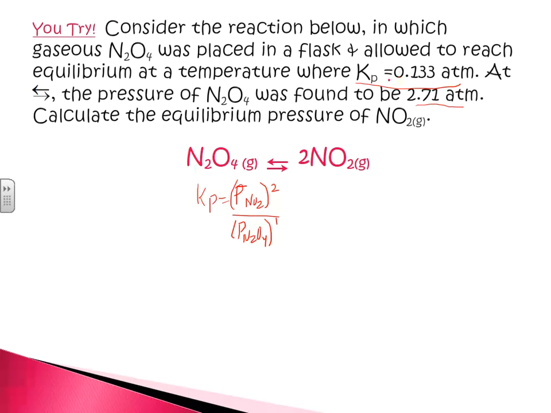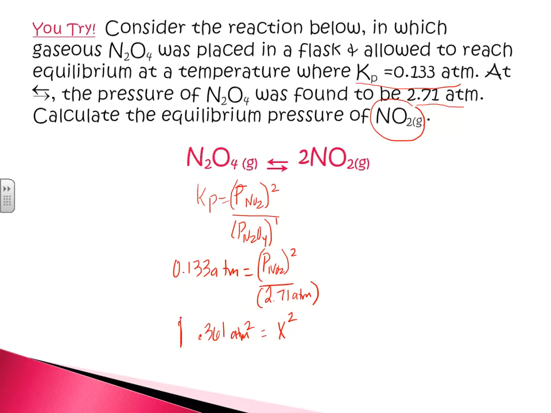They told us Kp, so plug that in here, 0.1333 atmospheres. They want us to find the equilibrium pressure of NO2, which is our x, and that's squared because of our law of mass action. Notice they told us the pressure of N2O4 was found to be 2.71 atmospheres, so we plug that in here. We need to cross multiply, 0.1333 times 2.71, and that's going to give you 0.361 atmospheres squared equals x squared.